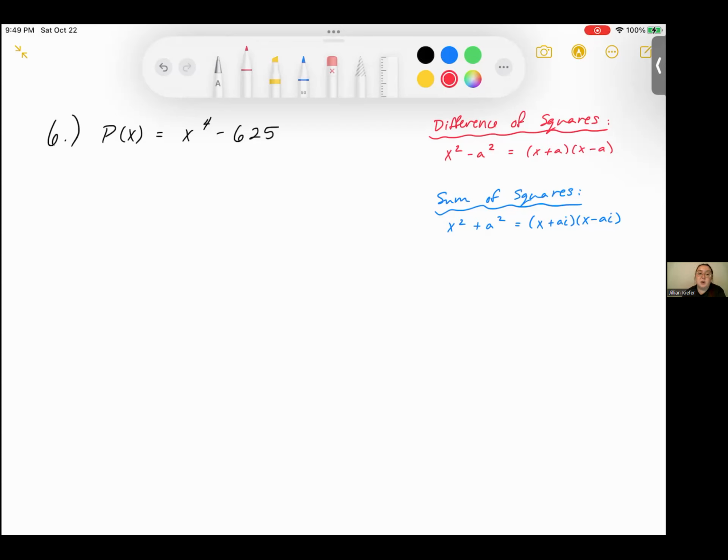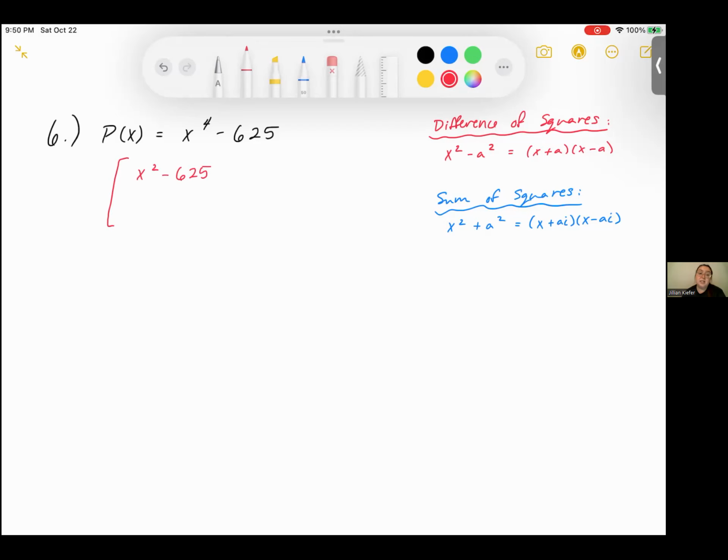So if you ever have a polynomial that has x to the power of 4 and then x to the power of 2 and then a constant number, you can factor this in a very similar way to what we're about to see here. So let's use, as an example, what would happen if this were x squared minus 625. If we wanted to use the difference of squares, we would need to know if 625 is the square of any number.